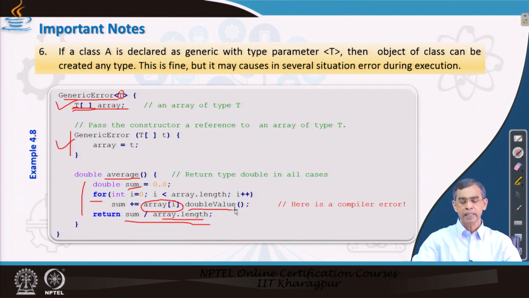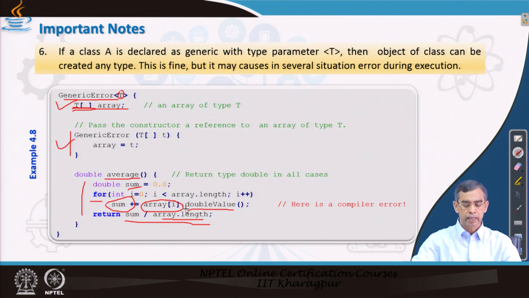Calling doubleValue on any numeric type returns a value from the object to its primitive type, because here we are storing an object, and for the calculation of the sum we need the primitive form.